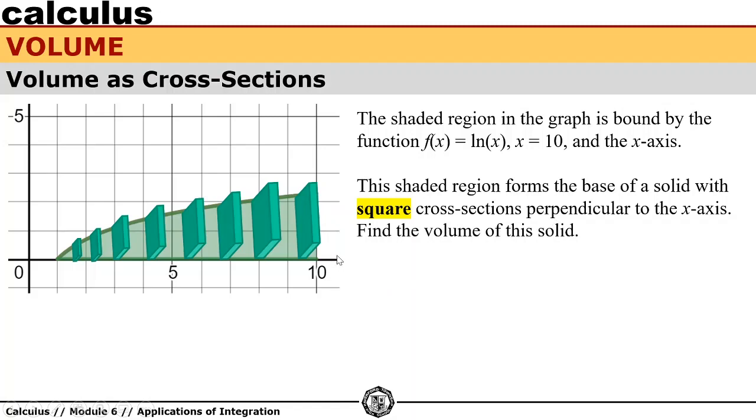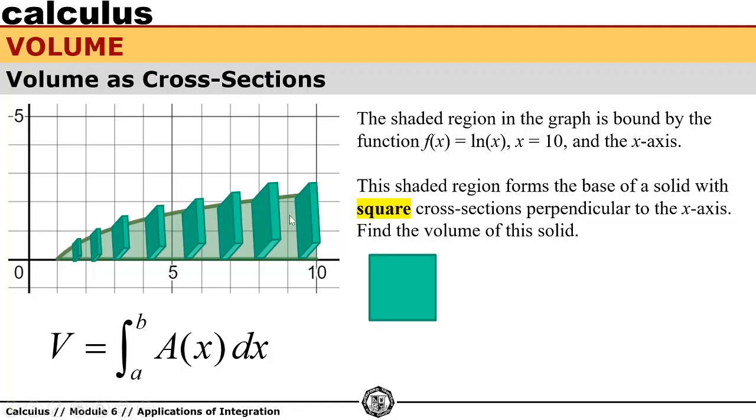Now, to get the volume, we're going to be integrating the area of one of these cross sections. Since the cross section is a square, all we have to do is find the area of one of these squares. So the first thing we want to do is draw the square two-dimensionally. Just taking one of these squares and looking at it two-dimensionally, our goal is to find the area of one of these squares.